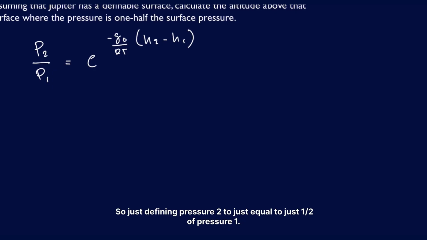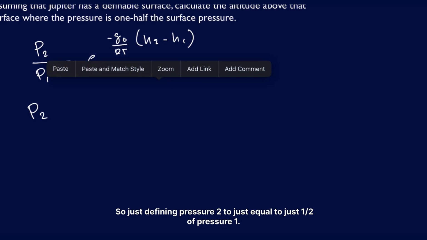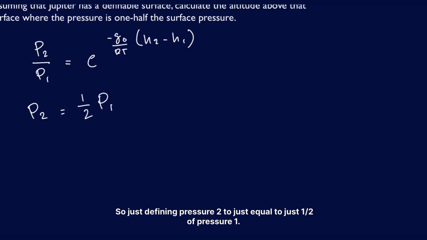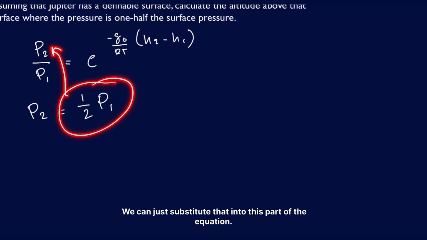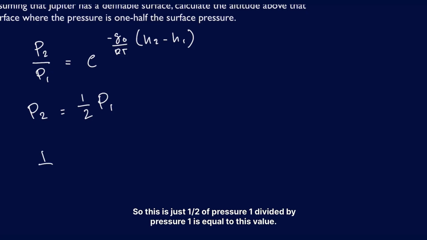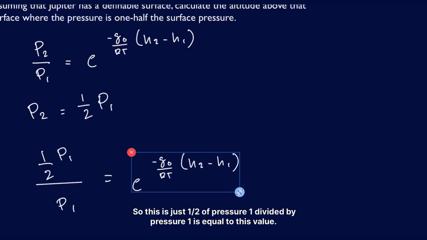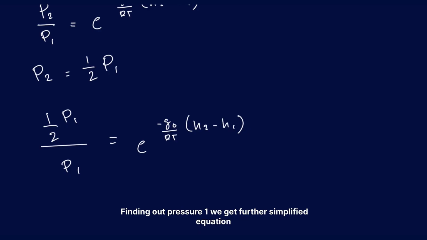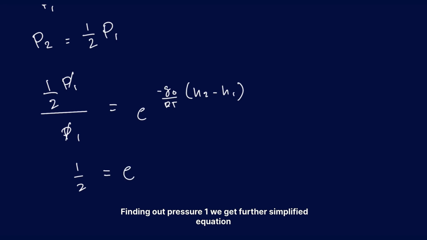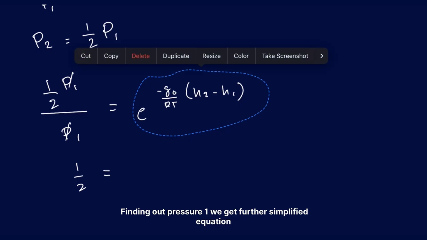So, defining pressure 2 as just 1/2 of pressure 1, we can substitute that into this part of the equation. So that's just 1/2 of pressure 1 divided by pressure 1 is equal to this value. Canceling out pressure 1, we get a further simplified equation.